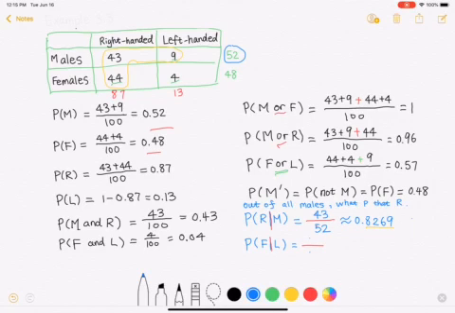How many people are left-handed? Take a look: 9 plus 4, so 13 of them are left-handed. And how many out of the 13 are female? 4 of them. So you do 4 divided by 13 in your calculator.